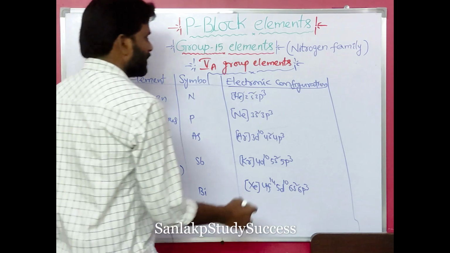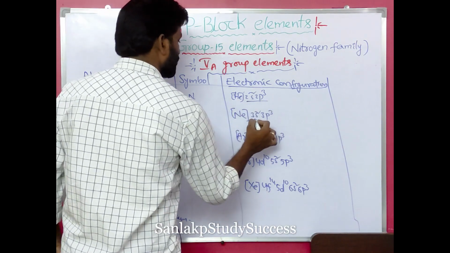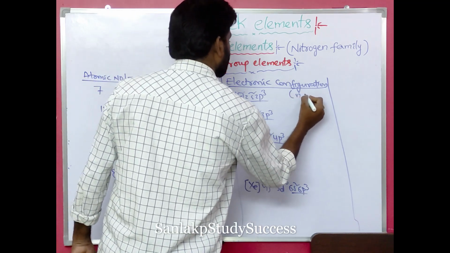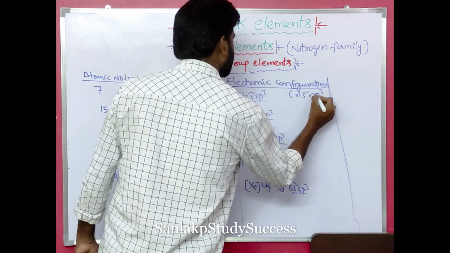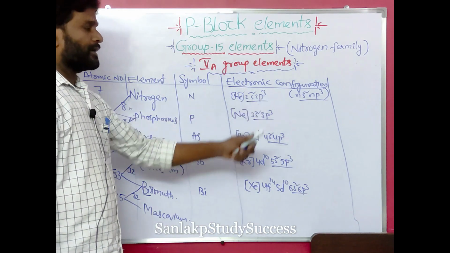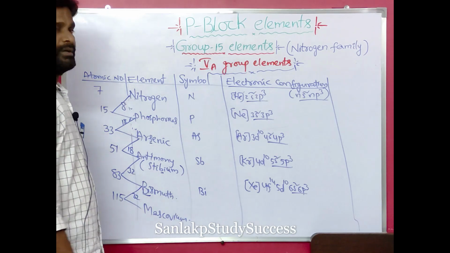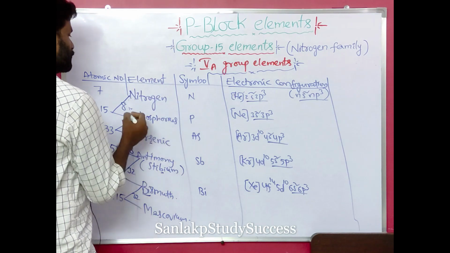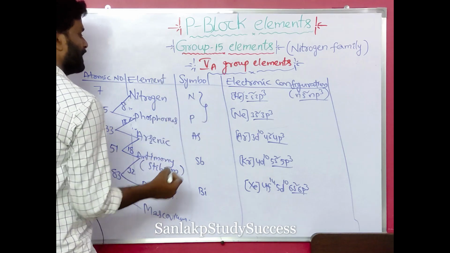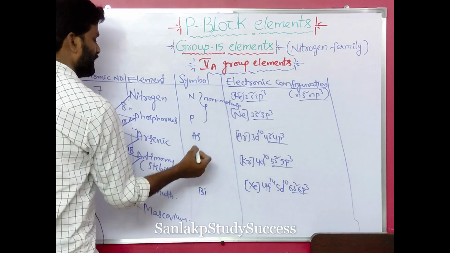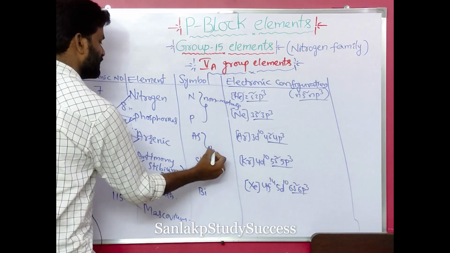So what is the common outer electronic configuration? ns2 np3 is the general electronic configuration of 5A group elements. In this, the first two are non-metals: nitrogen and phosphorus are non-metals, and arsenic and antimony are metalloids.